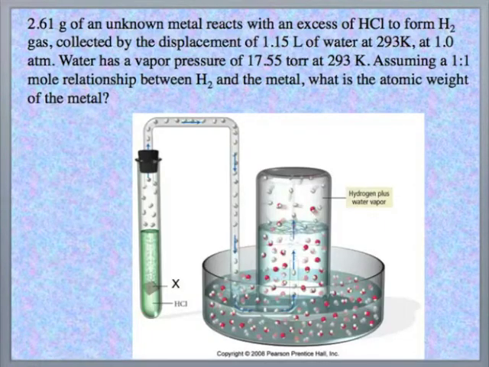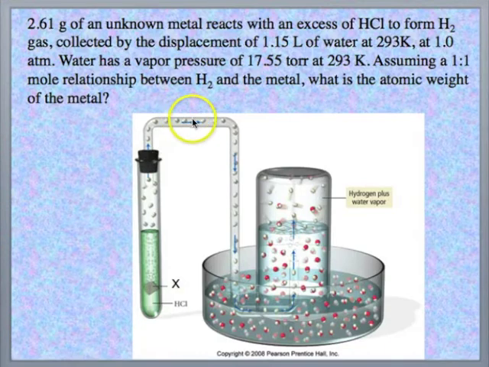And here's another application where we take 2.61 grams of an unknown metal and react it with an excess of hydrochloric acid. It turns out to be an active metal, which means that it reacts with a strong acid like hydrochloric acid to form hydrogen gas.